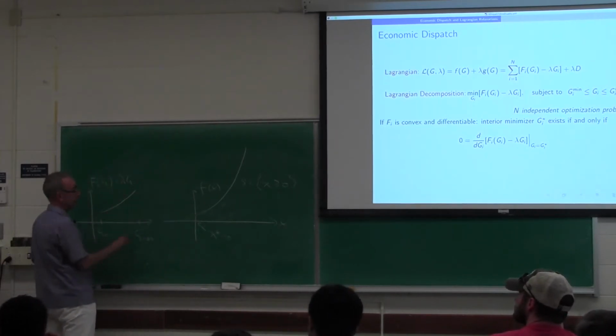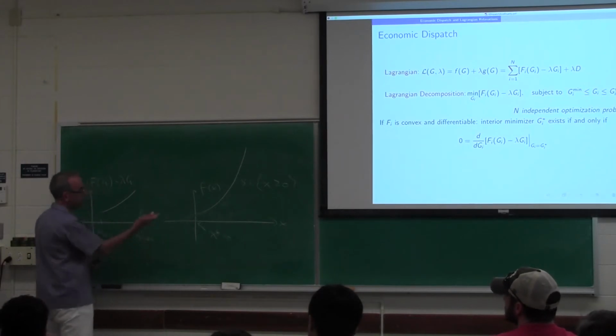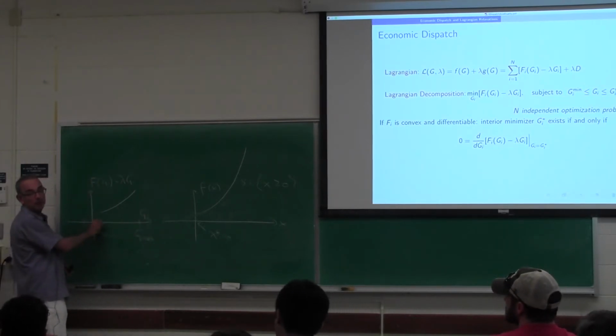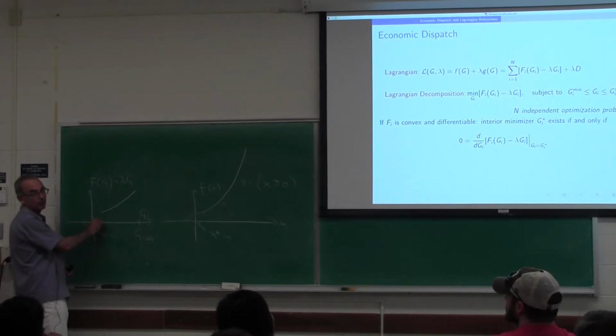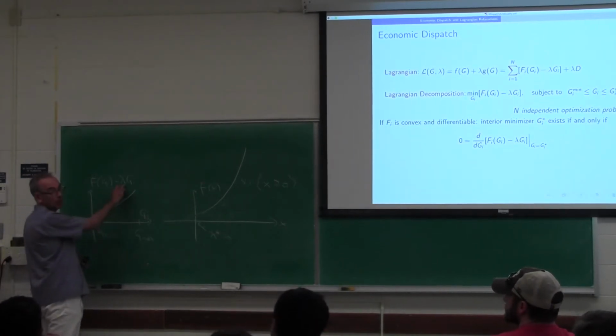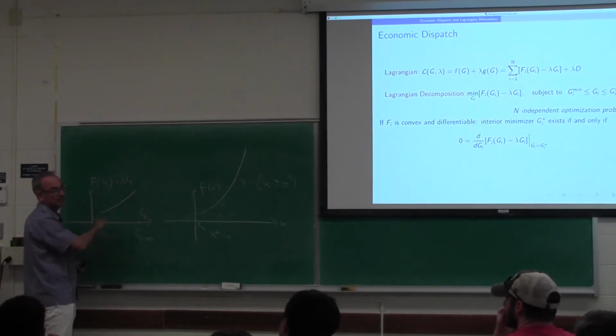It might be increasing as a function of gi. And so your optimizer would be down here at the bottom. Right? That's one possibility. Now it's also possible, if lambda is big enough, that it's not increasing, and then you might get a happy face.